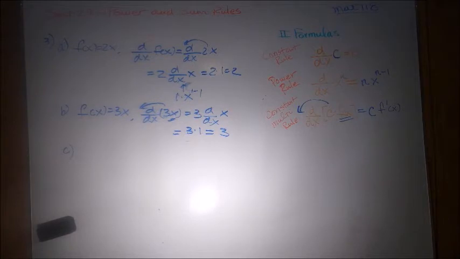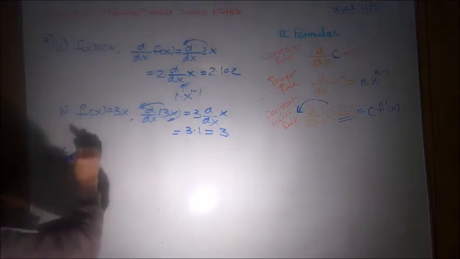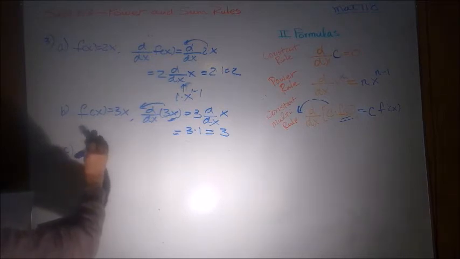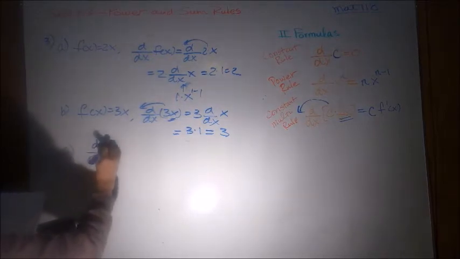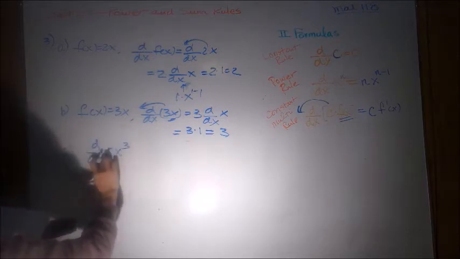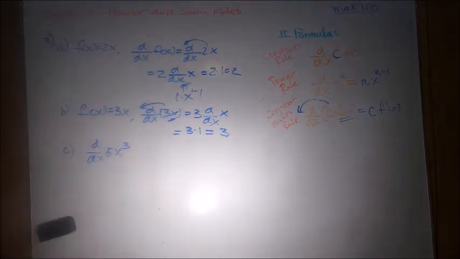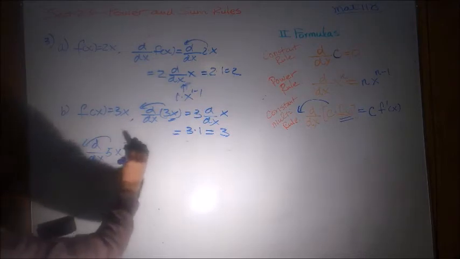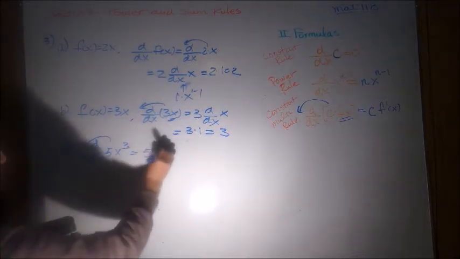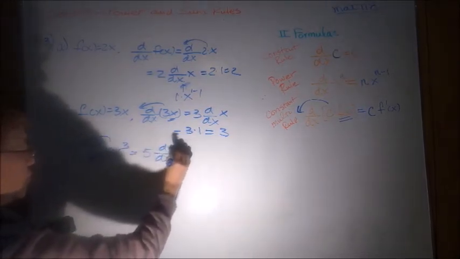So we are learning what? 3 rules, 3 tools to do the derivative, right? It's the derivative rule tools we are using. So if I have this one, d dx 5 x cubed, a variable and a constant, you take a constant outside, that would be 5. Then you take a derivative of what?